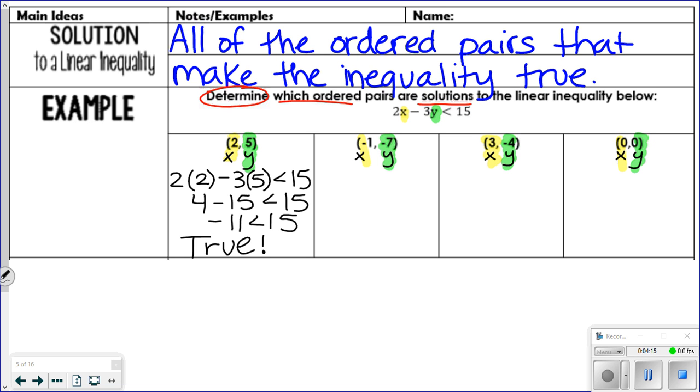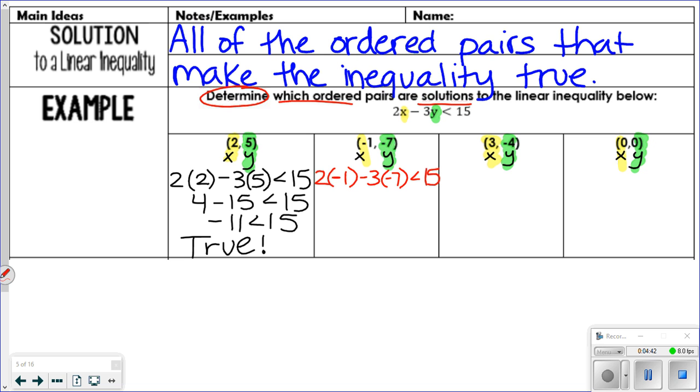Okay, now let's do it again, but we're going to plug in negative 1 and negative 7 this time. So we're still going to start with the 2, and it's 2 times x, but x is coming out and sitting on the bench, and it's being replaced by the negative 1, minus 3 times negative 7 is less than 15.